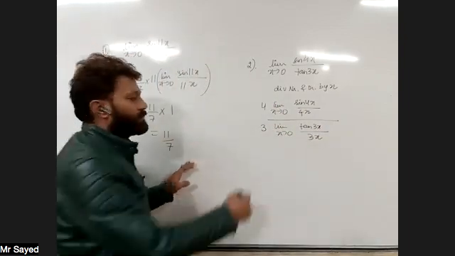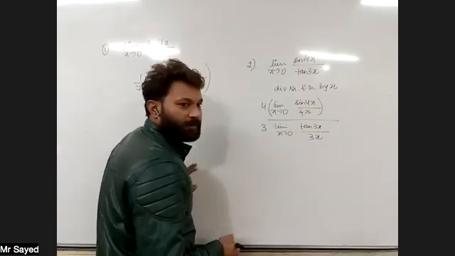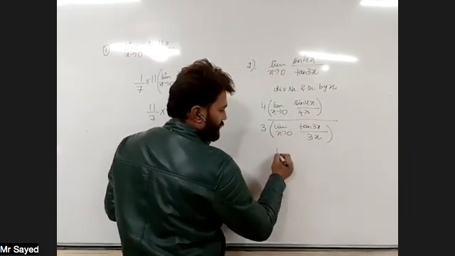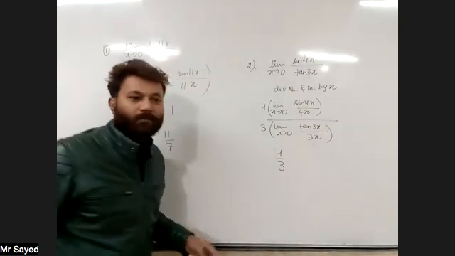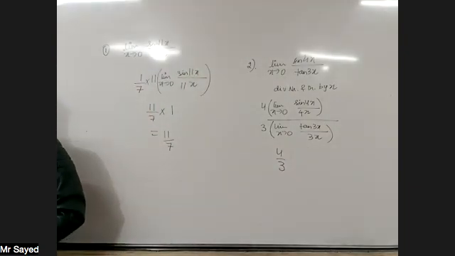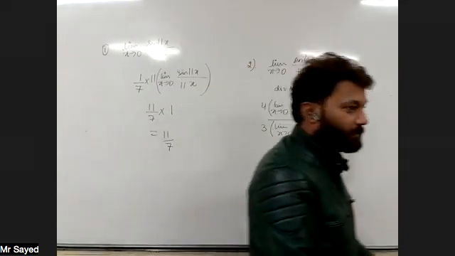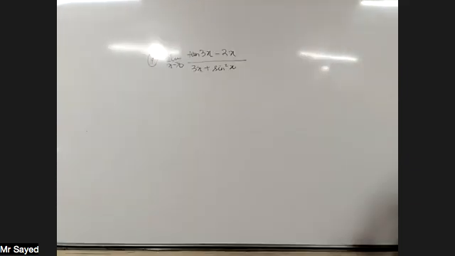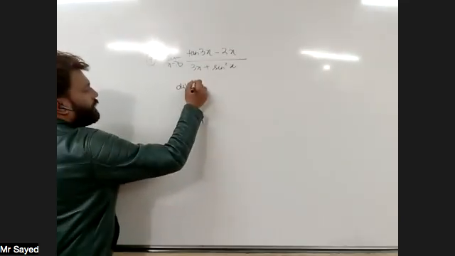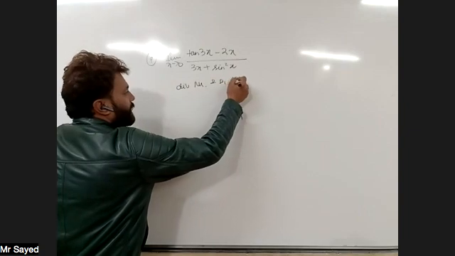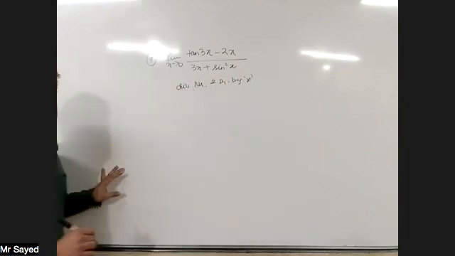So now this part will become 4 upon 3. Followed. So इस पर्टिकुलर एक्सरसाइज में हमें ये ट्रांसफॉर्मेशन ही सीखनी है. Dividing numerator and denominator by x. This thing you'll get by practice.